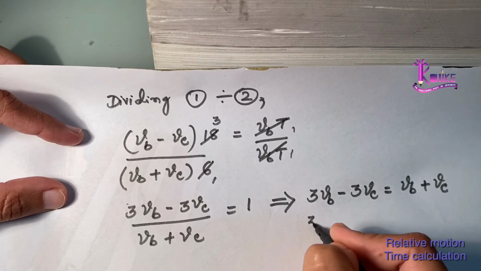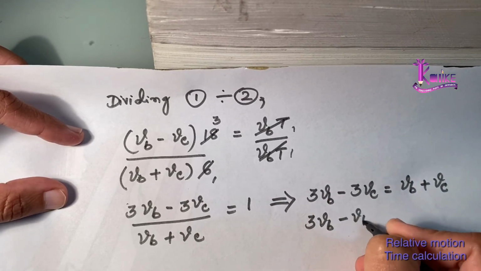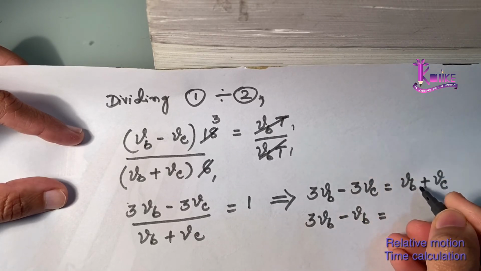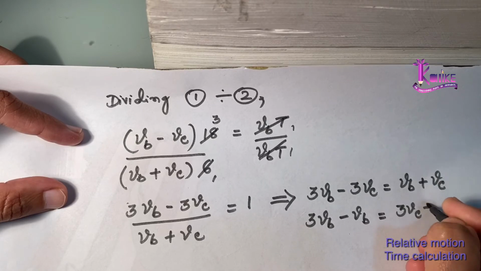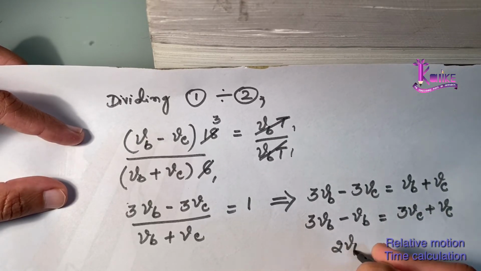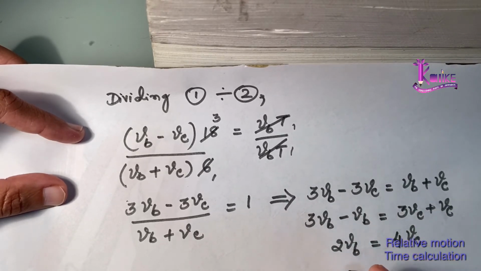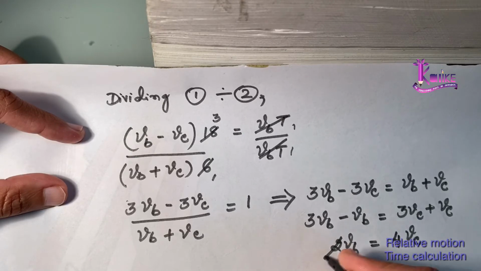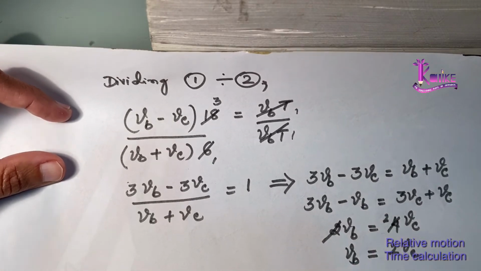So therefore 3VB, I bring this VB on the left hand side, that becomes minus VB. I bring this on the right hand side, so minus becomes plus 3VC plus VC. So this will be 2VB equal to 4 times the velocity of the cyclist. So 2 one times and 2 two times. So velocity of the buses is twice the velocity of the cyclist.